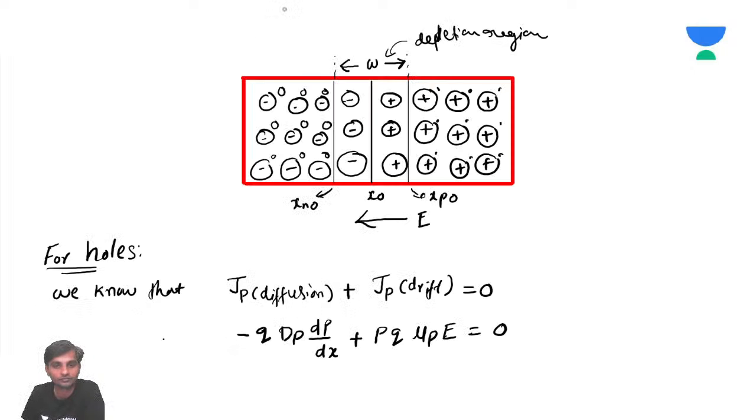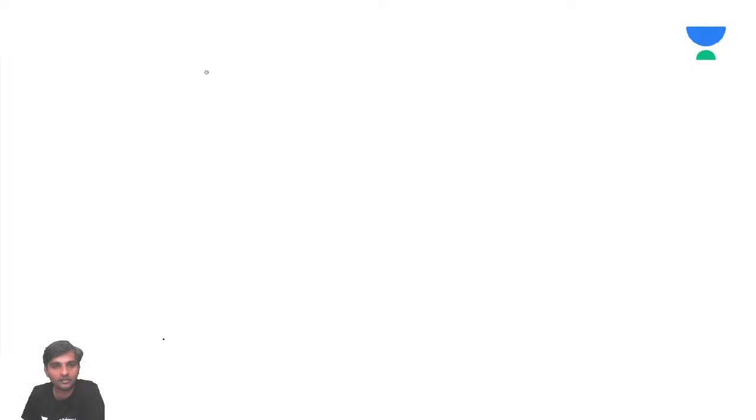So now I'll try to make it p q mu_p E equal to q D_p dp/dx.